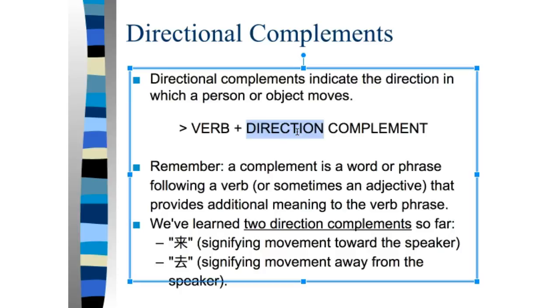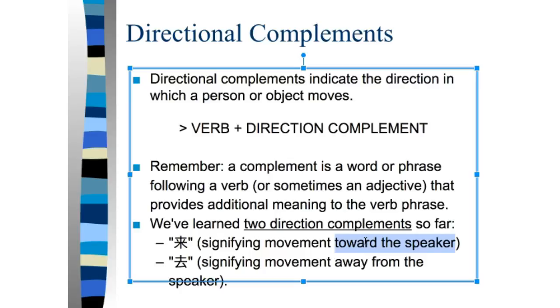person is moving. Now, we've talked about this previously in terms of the direction complements lai and qu. So lai is a complement that you put after the verb to describe that you're moving towards the speaker.